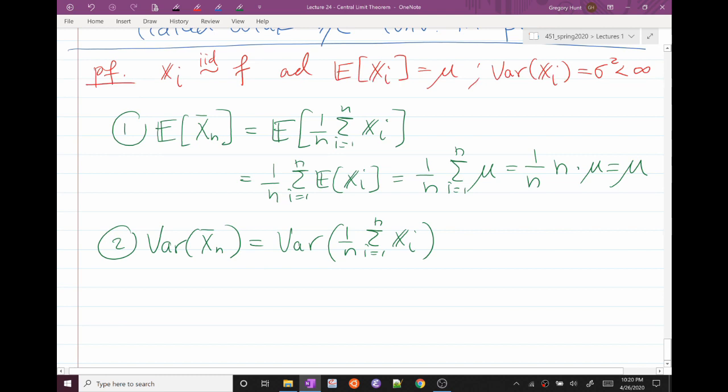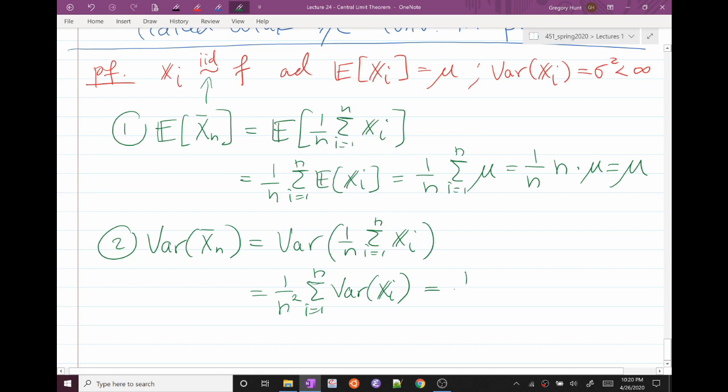Now, because these x sub i are independent, we can pull out the 1 over n, which becomes 1 over n squared, and I can push the variance through the sum, writing this as the sum of the variances. I couldn't do that unless they were independent.